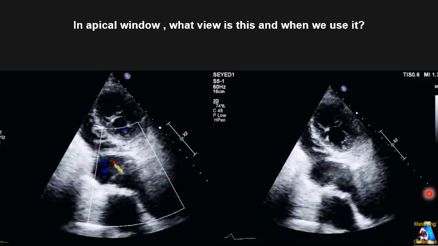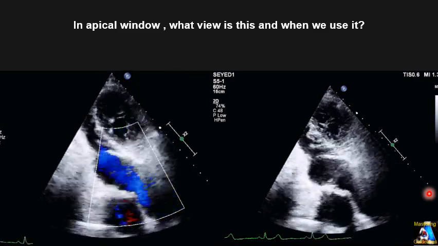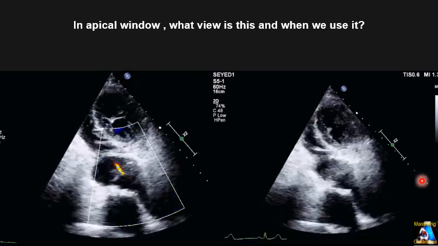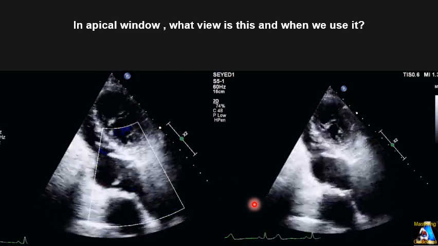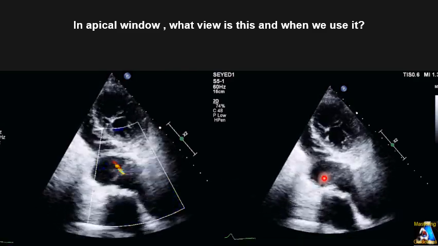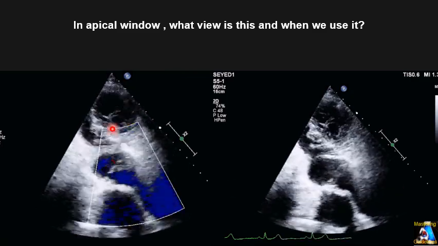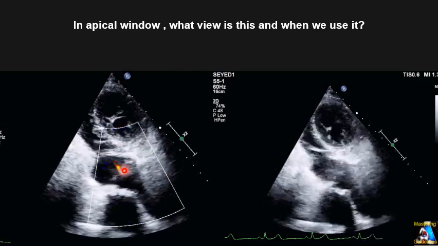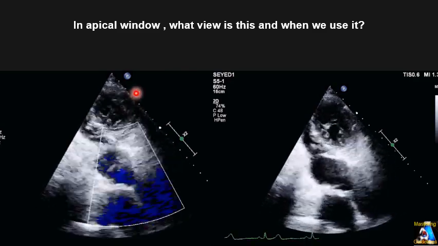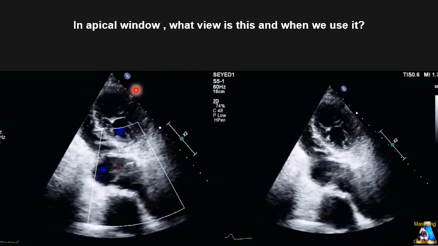And this is the apical view for the pulmonary artery. How do you do it? In apical 5, if you keep going angle up, suddenly you can see very clearly the pulmonary valve and pulmonary artery.